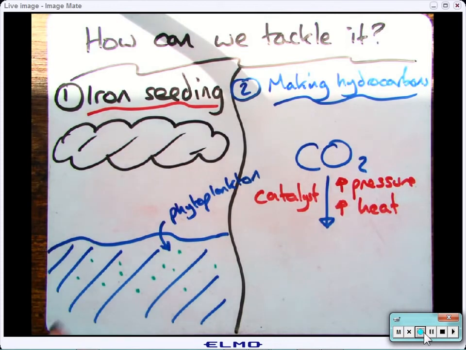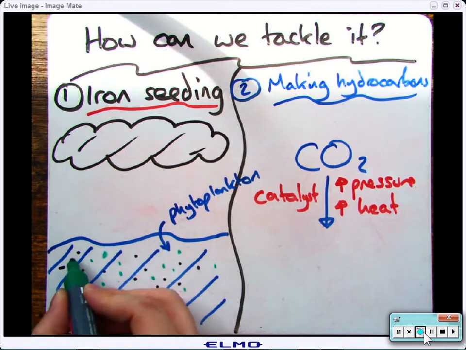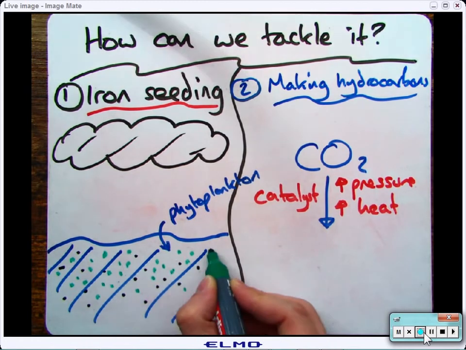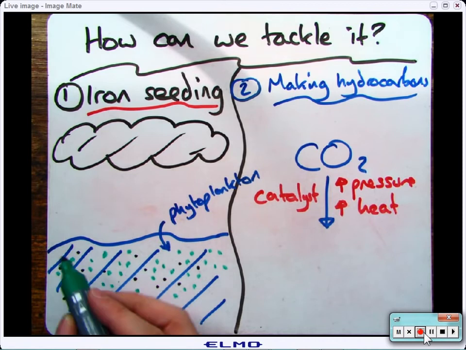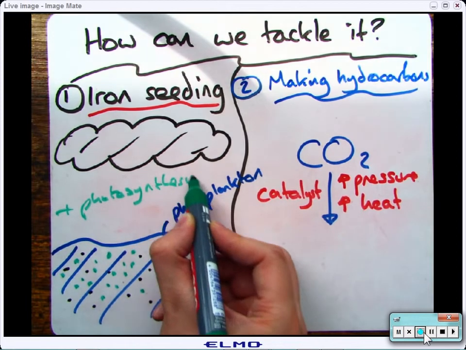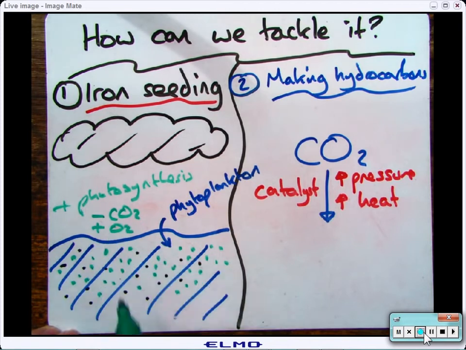When you put iron into the oceans, this helps the phytoplankton to grow. The more phytoplankton there are, the more photosynthesis, the more photosynthesis means less carbon dioxide and more oxygen, which is great. The only major issue with that is we can't make sure what phytoplankton grow, and there can be some that are toxic.